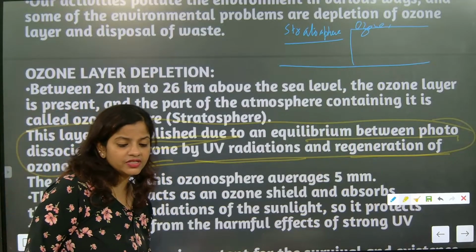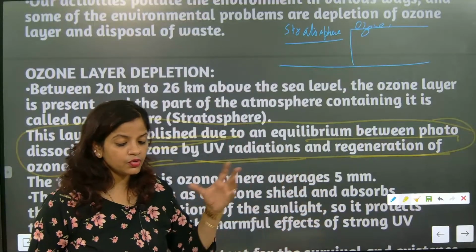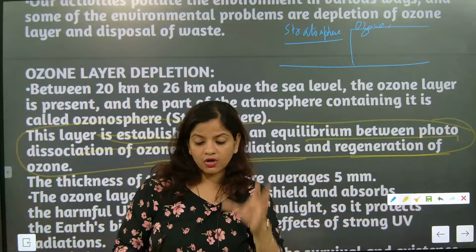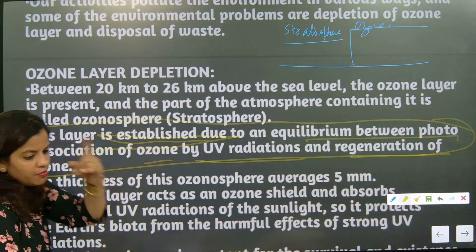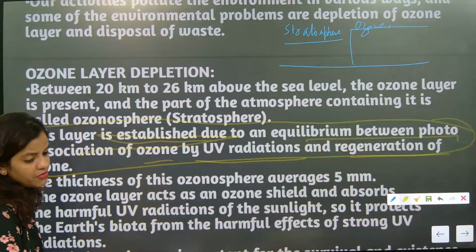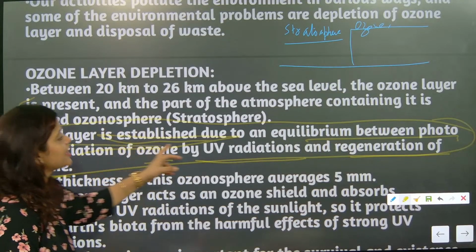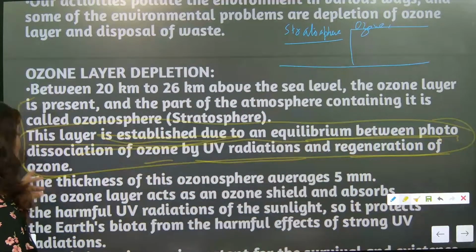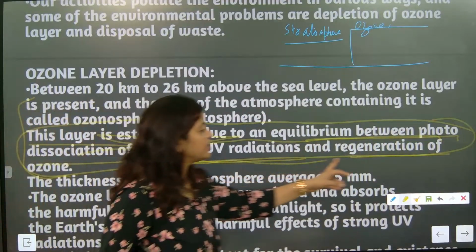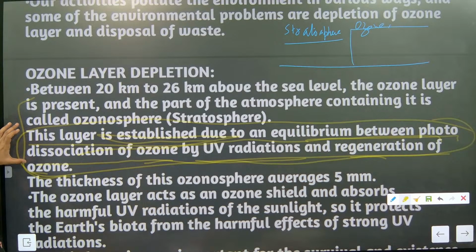UV radiations break the O2 molecule and then help join the oxygen again to form ozone, which is regeneration of ozone. So one time they are breaking and one time they are making. This is exactly the most important part. This layer is established due to an equilibrium between photodissociation of ozone by UV radiation and regeneration of ozone. Everybody please kindly note down this part.